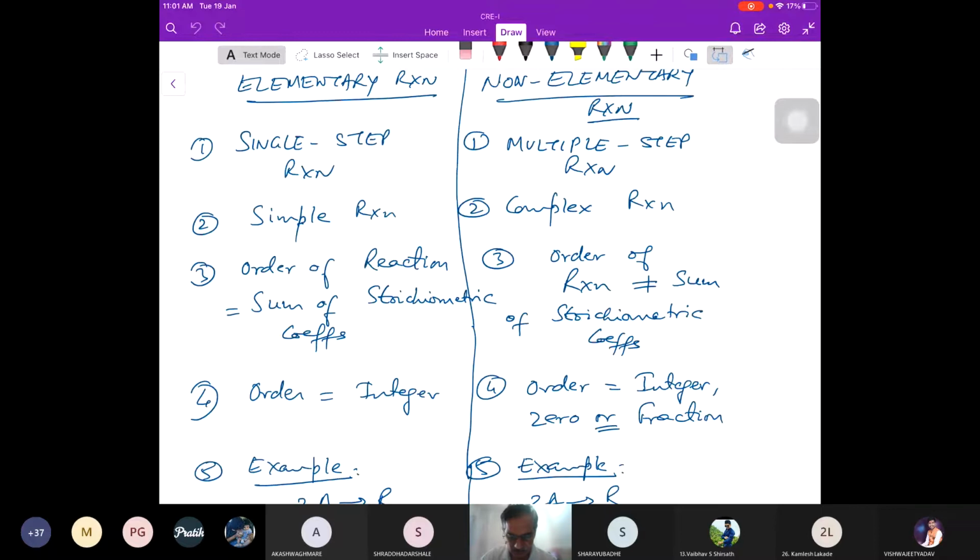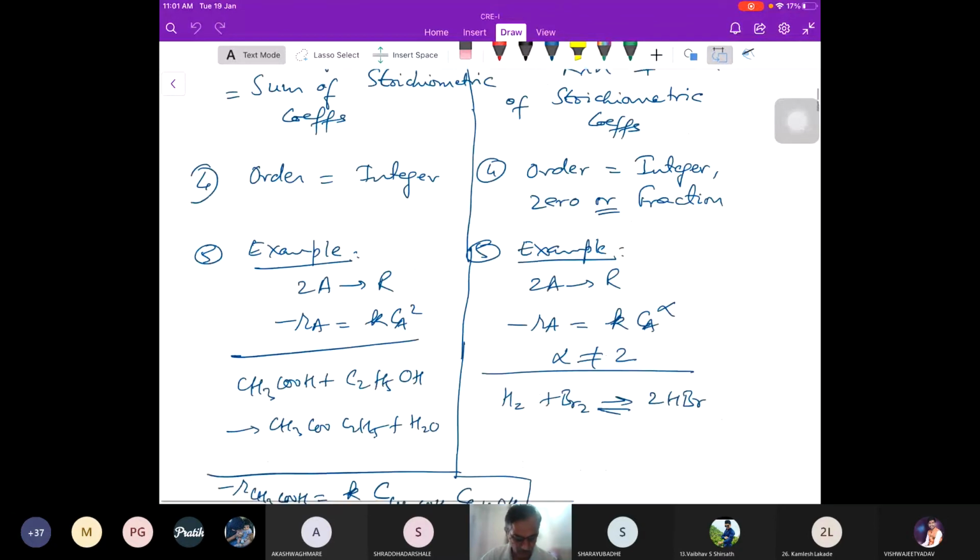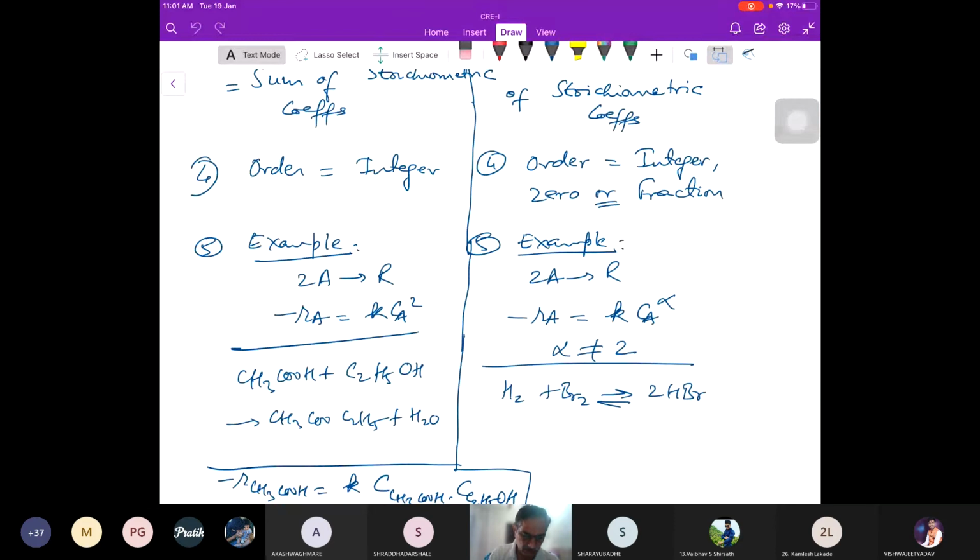किसी को याद नहीं है? So if you look at this example, what is stoichiometric coefficient? Sir, ratio of reactants to products. No, it's not the ratio of reactant, but it is basically the number. Yeah.